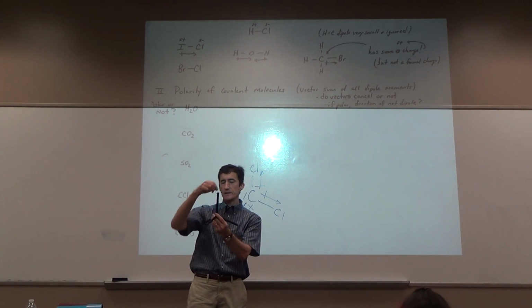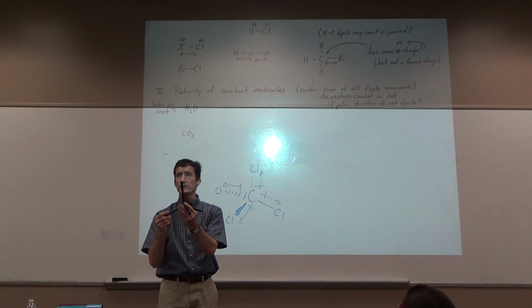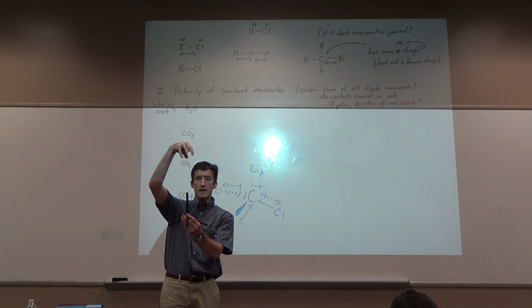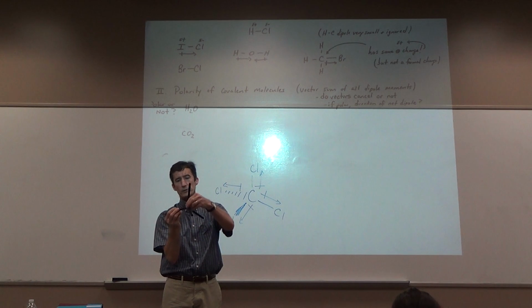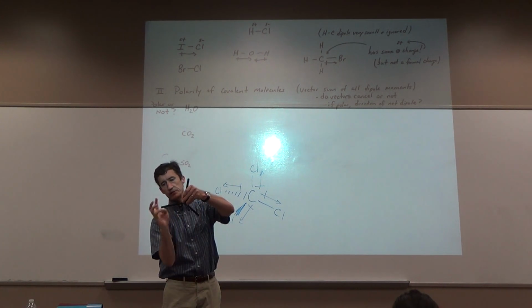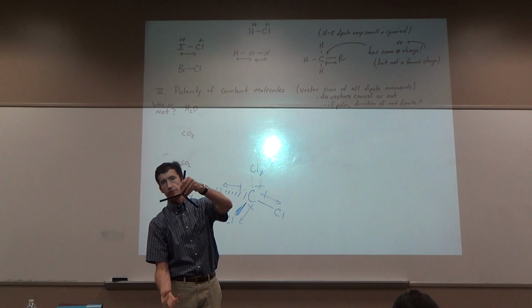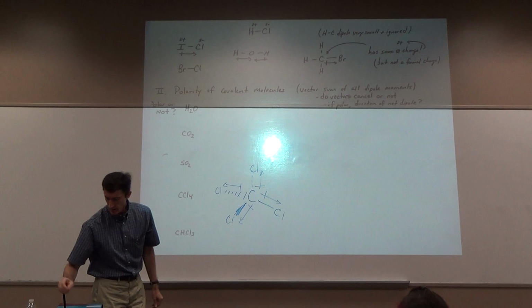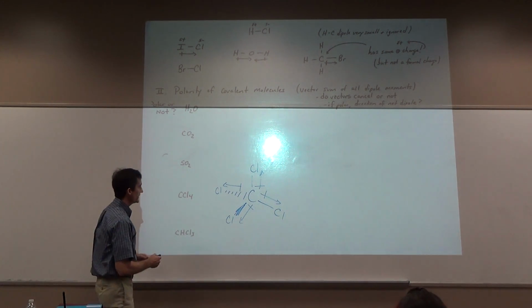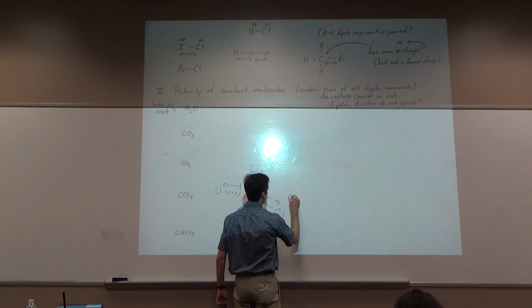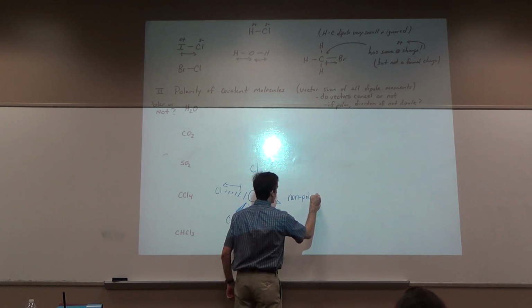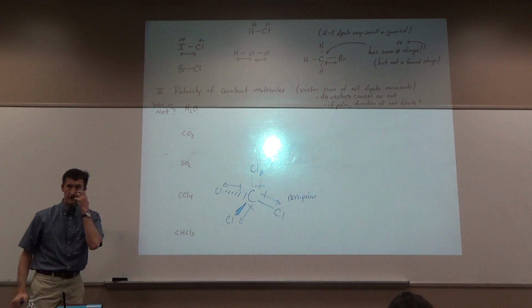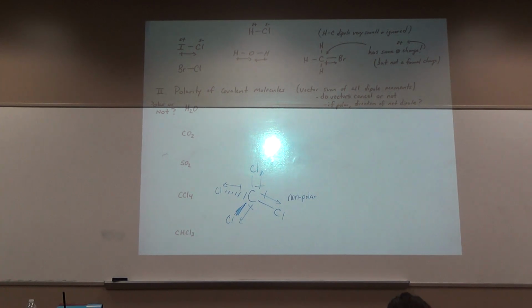Carbon with 4 chlorines around it in a tetrahedral manner, yes, they will cancel each other out, because one pulling up is canceled by 3 coming like this, because these 3 sort of sum up to have one this way, and they will cancel out. Carbon tetrachloride is a nonpolar molecule, because the vectors cancel each other out. Any tetrahedral with 4 identical things is always going to be nonpolar.